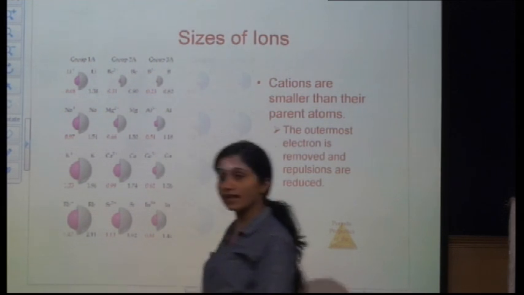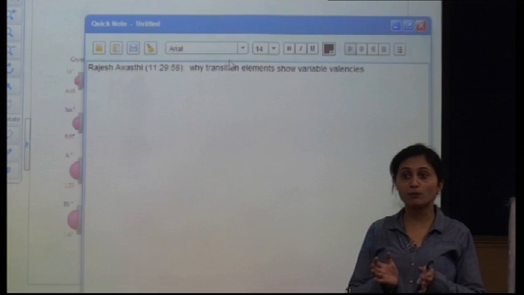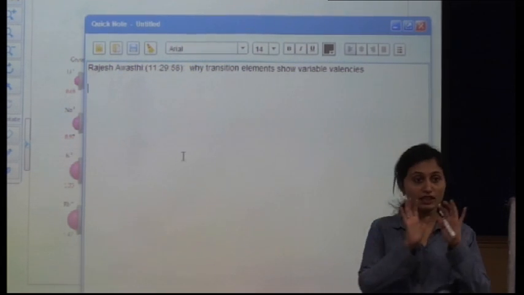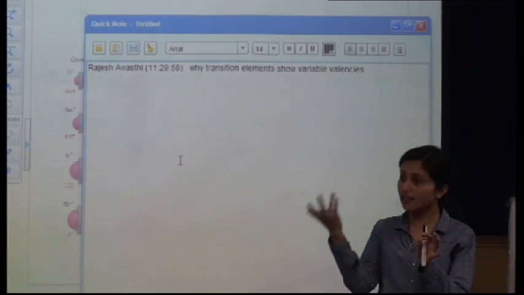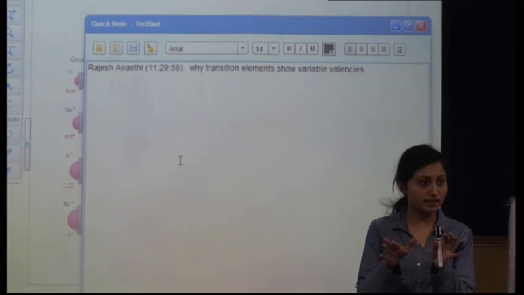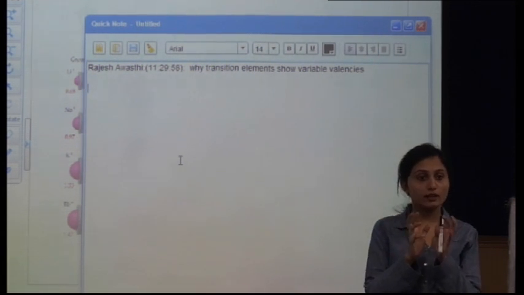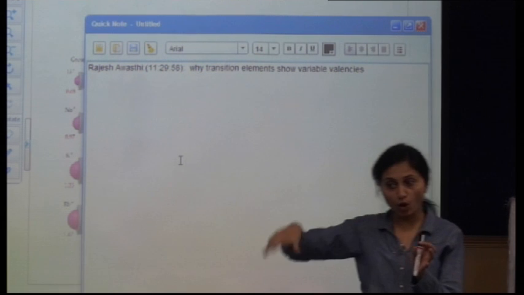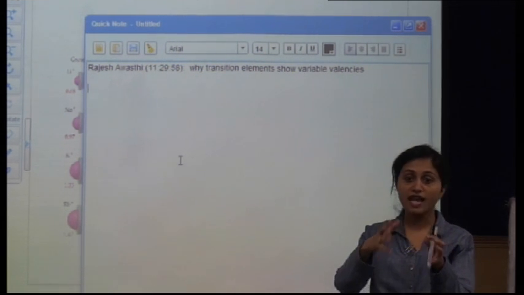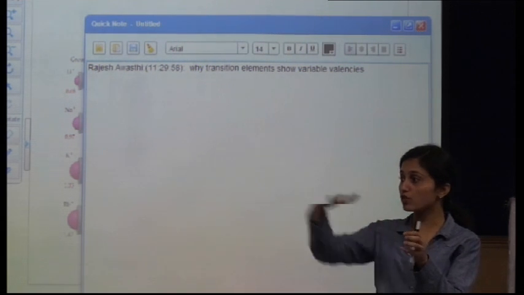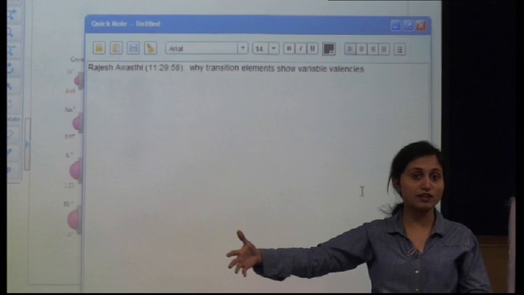See, in this case you say that the anionic size increases mainly because the nuclear charge remains the same, but the electronic charge is now increasing because the negative charge is increasing. Clear to everyone? So because of that there are repulsions from the inner shell electrons, and the tendency of the nuclear charge to hold the outermost electrons is a little less than before, because of which the size expands.